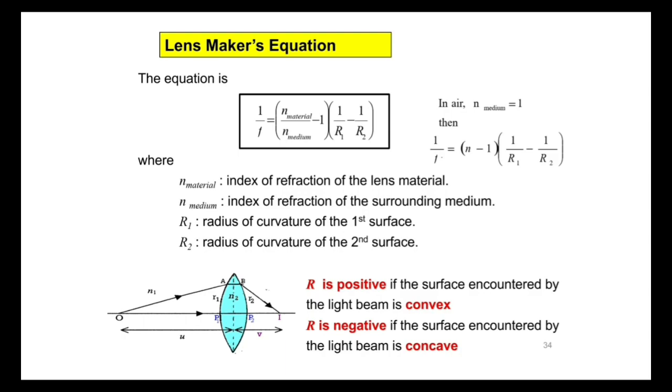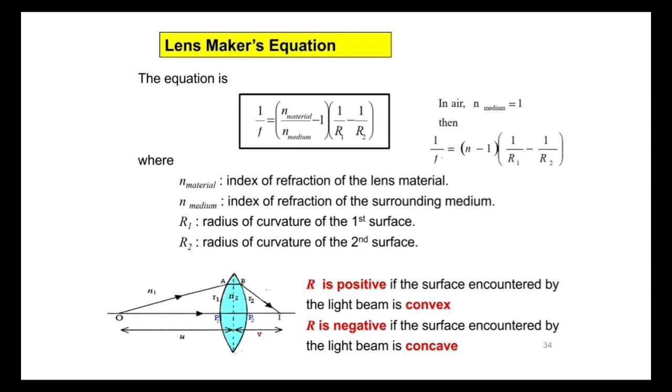Now we have the lens maker equation. The equation is 1/f = (n_material / n_medium - 1)(1/r1 - 1/r2), where n_material refers to the refractive index of the lens, n_medium refers to the refractive index of the medium surrounding the lens, r1 is the radius of curvature of the first surface, and r2 is the radius of curvature of the second surface.